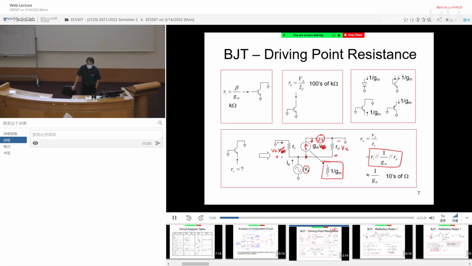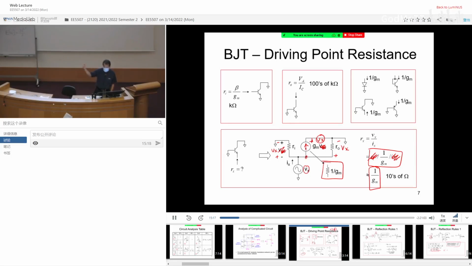Ri is usually a few kilo ohms, R0 a few 100 kilo ohms. When you parallel the three, eventually the smaller one dominates. So you end up having 1 over Gm. So we already derived 3 driving points.